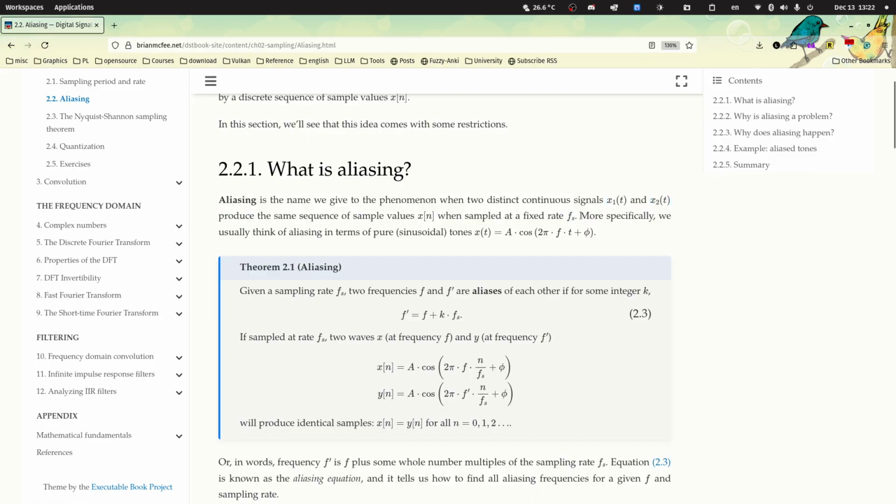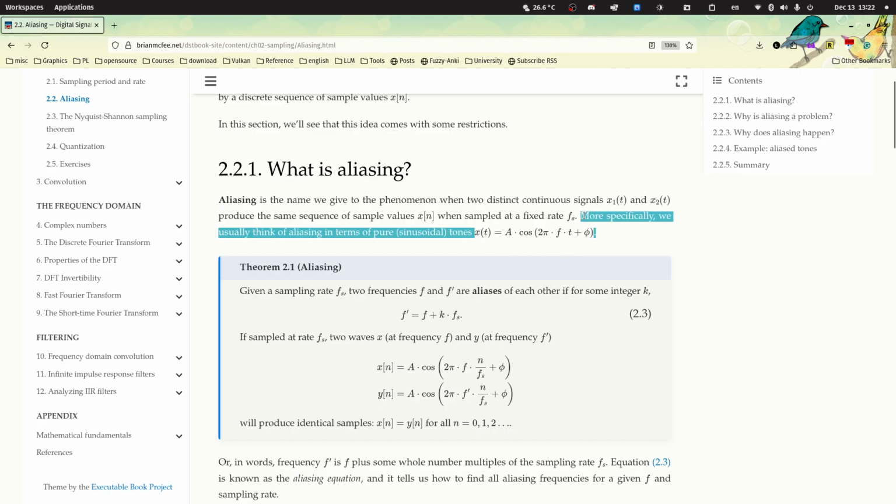More specifically, we usually think about aliasing in terms of pure tones. I think this is just for convenience, because with Fourier series and Fourier transform, you can express signals as a linear combination of sinusoidal functions.